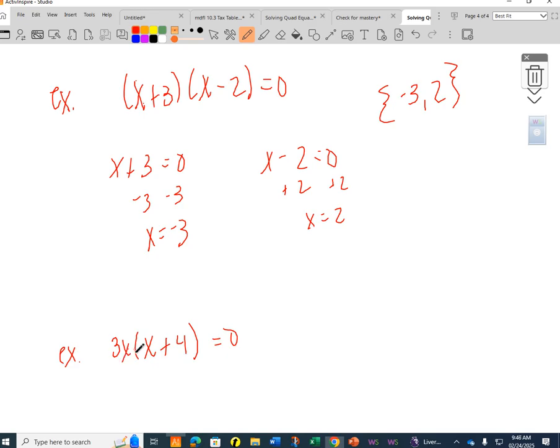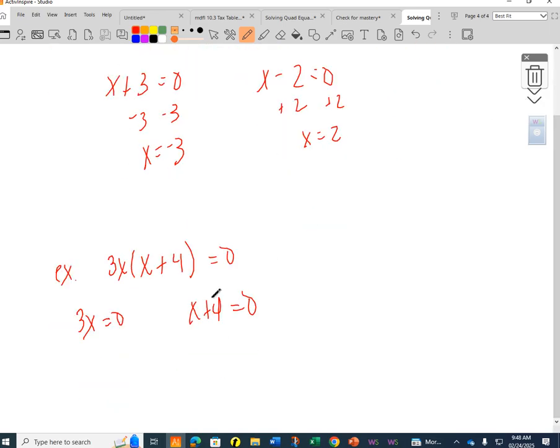Isn't this 3x times x plus 4? Right, so our two factors are 3x and x plus 4. 3x is one factor, set it equal to 0. x plus 4 is the other factor, set it equal to 0. And then we're going to solve.